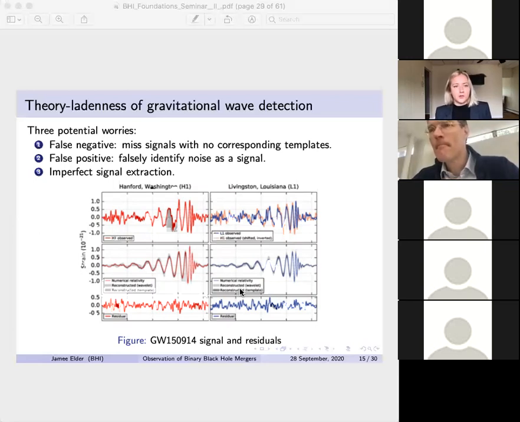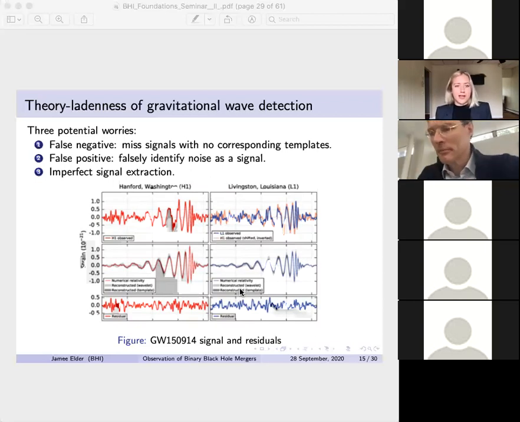So the first one is one of false negatives. Basically, if we can only detect things when we have a corresponding template, then we might be missing really interesting signals. I think it's worth noting that the signals would have to be quite different from any existing templates in order to not be picked up.